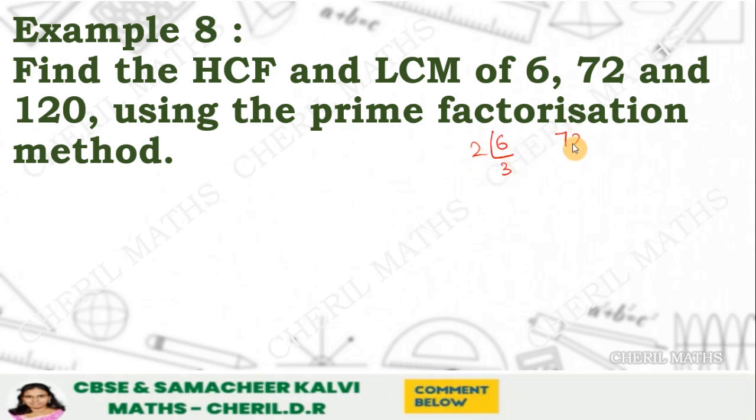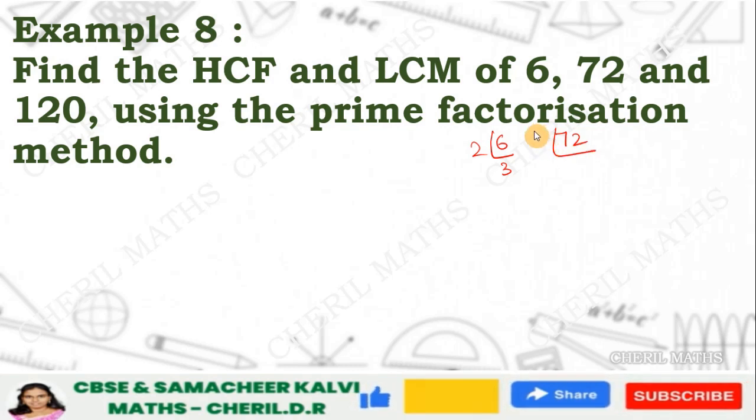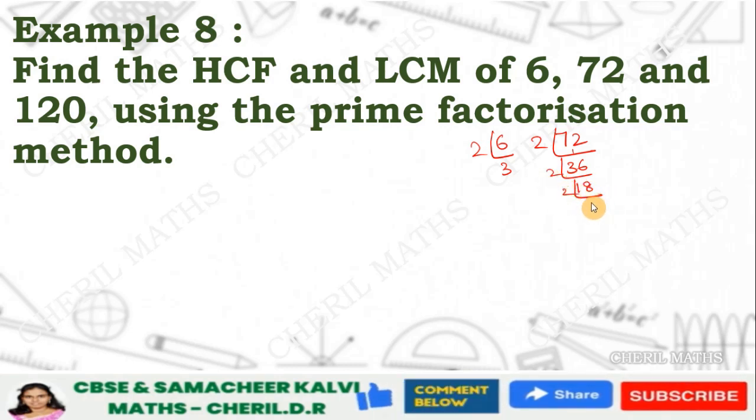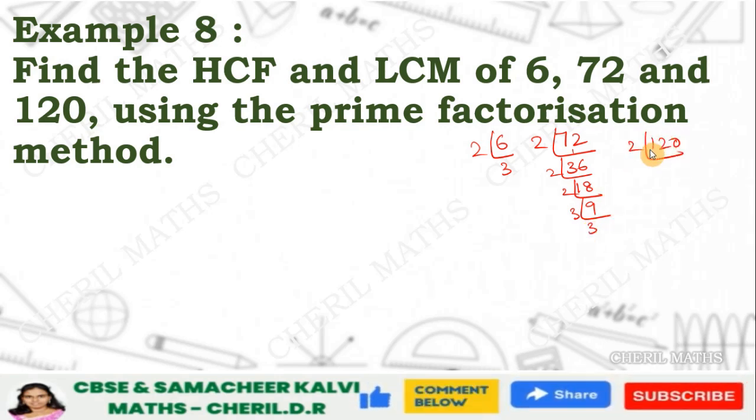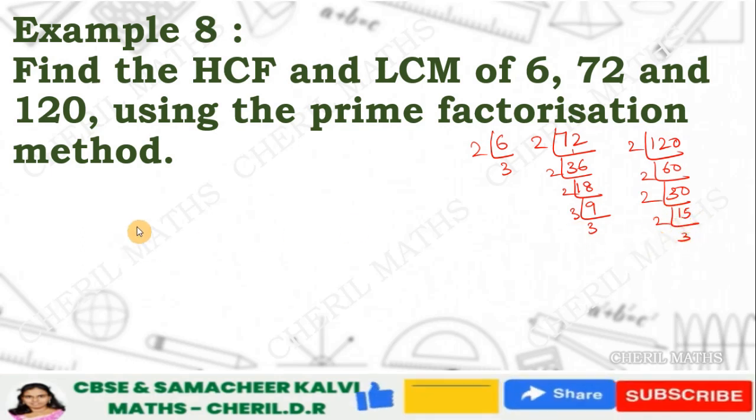For 72, starting with the lowest prime, we know the factorization is going to be unique as per the fundamental theorem of arithmetic. 2 3s are 6, 2 6s are 12, 2 8s are 16, 2 9s are 18, 3 3s are 9. For 120, 2 6s are 12, 2 3s are 6, 2 1s are 2, 2 5s are 10, 2 3s are 6.